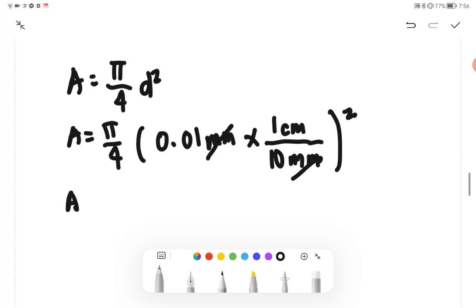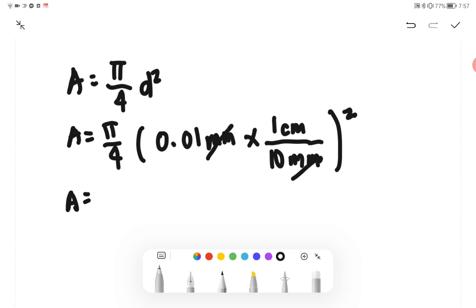So the area will become pi over 4 multiplied by 0.01 all over 10 raised to 2.